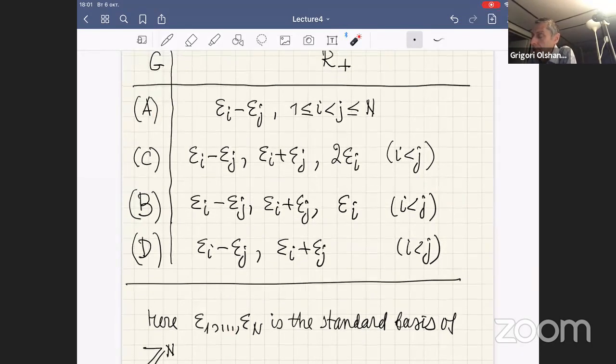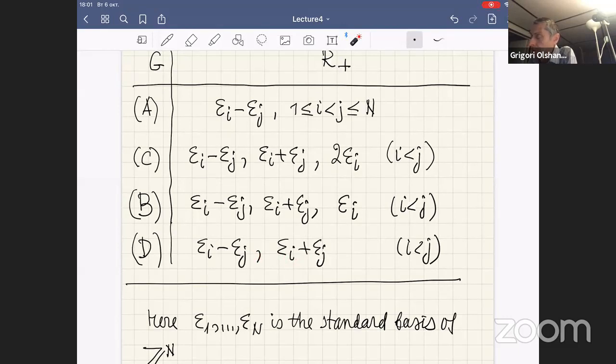Now, in type A, the roots are the differences, and always I assume that i is less than j. In type C, these are as follows. In type B, almost the same but there is no factor 2. And finally, in type D, we have this.